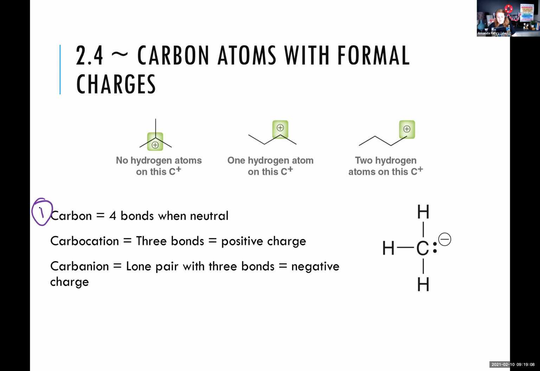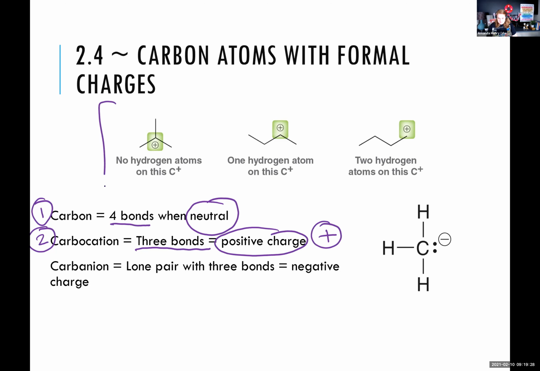First one, when carbon has 4 bonds, it's neutral. This is what we're going to see 90% of the time. This is a happy carbon. Scenario number 2 is if carbon has 3 bonds, it's going to have a positive charge.